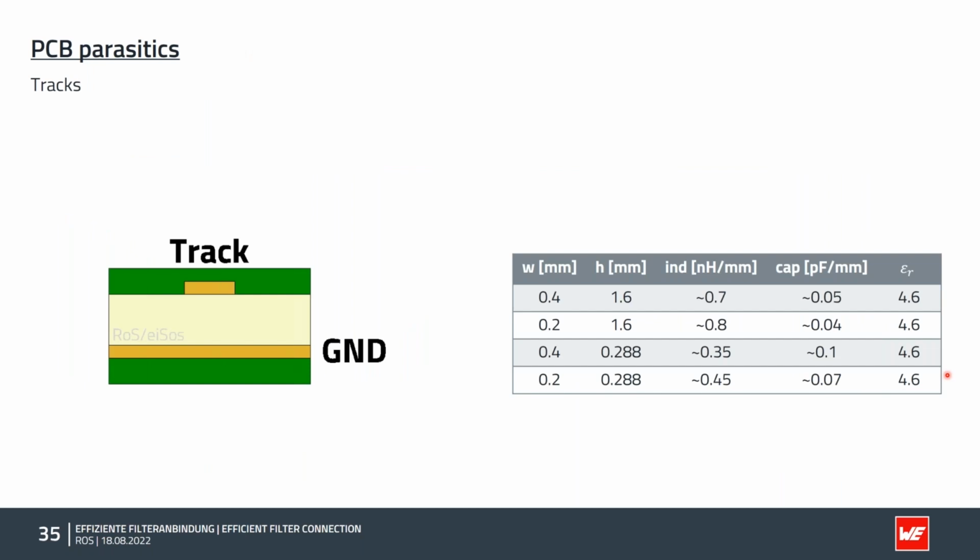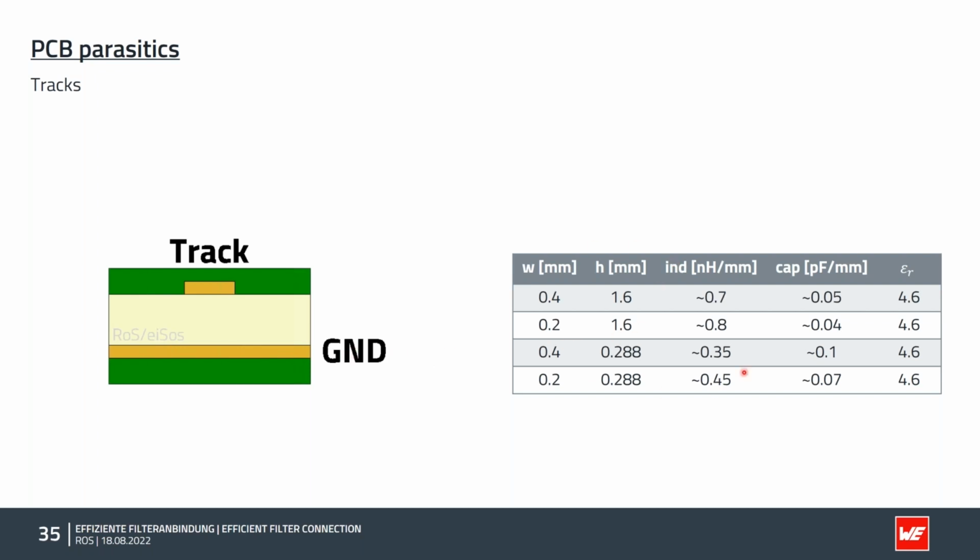Let us have a look at the PCB itself. We have tracks and wires on the PCB. I will start with the track, a microstrip in this case. We have the track on top, and on the bottom side the reference return path, in most cases the ground.